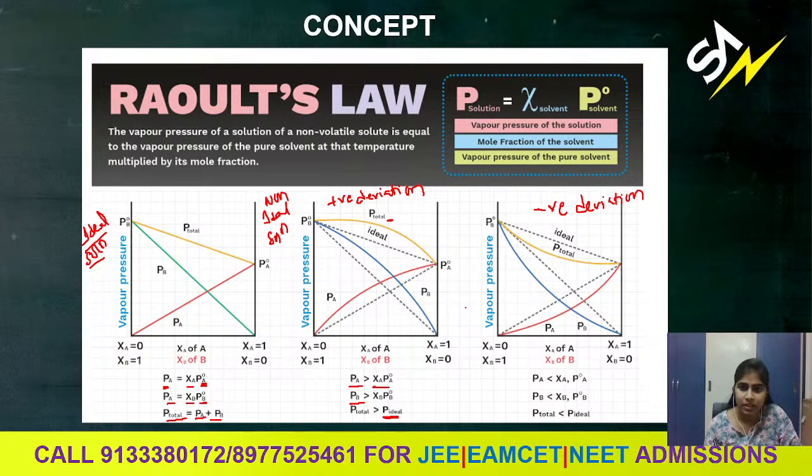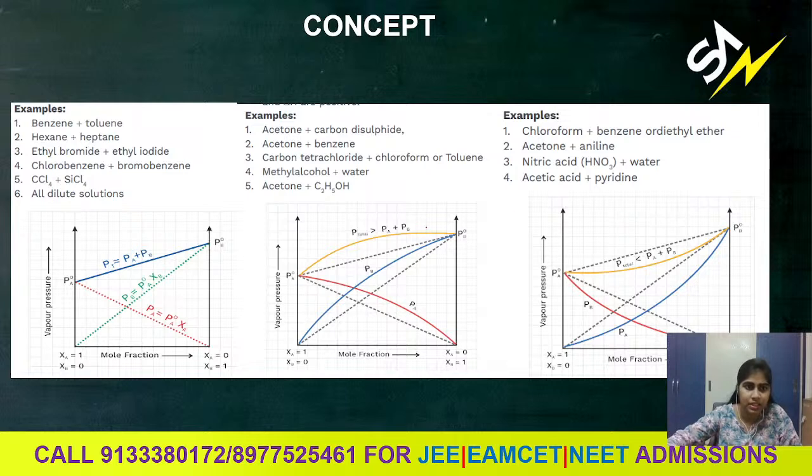You can observe here the vapor pressure PA is less than XA times P naught A, and PB is also less than XB, the mole fraction, times P naught B. So the sum of PA plus PB is also less than its ideal behavior. That's why it shows negative deviation.